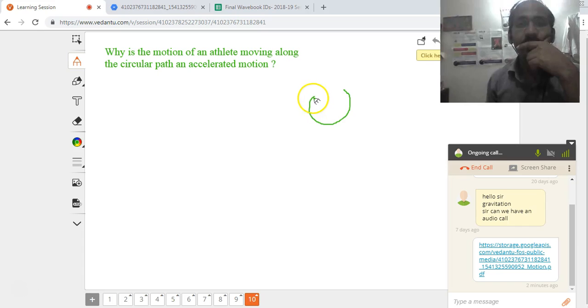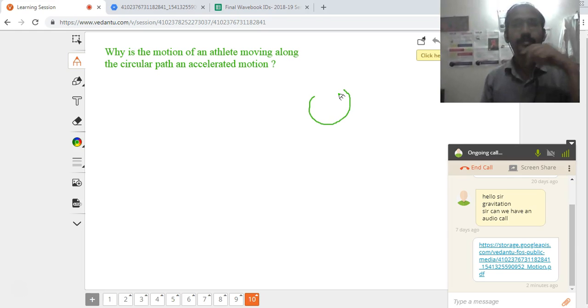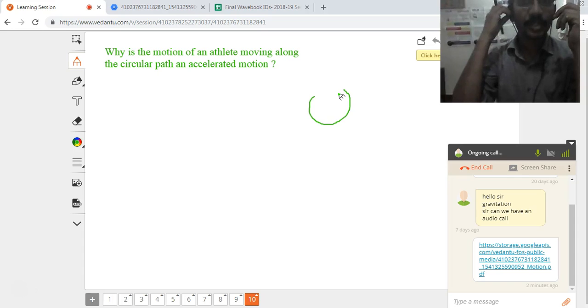If an athlete runs along a circular path, at each and every point the direction is changing. Hence, the velocity will change, which causes accelerated motion.